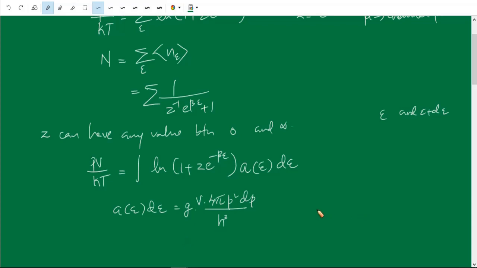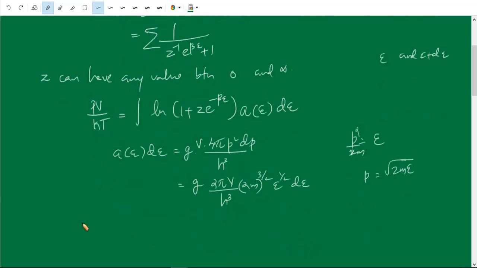If you substitute the non-relativistic value, ε equal to p²/2m, is the energy, then p is equal to the root of 2mε. Substituting this, you will get g times 2πV divided by h³ times (2m)^(3/2) ε^(1/2) dε.